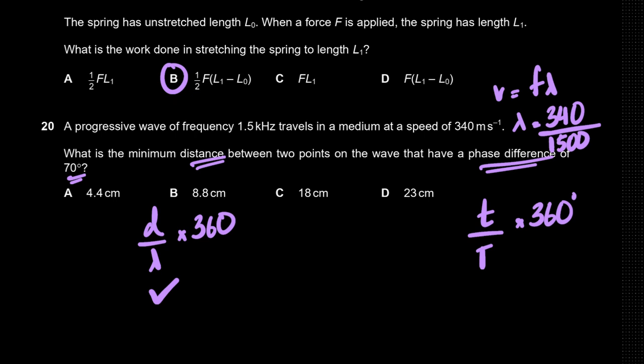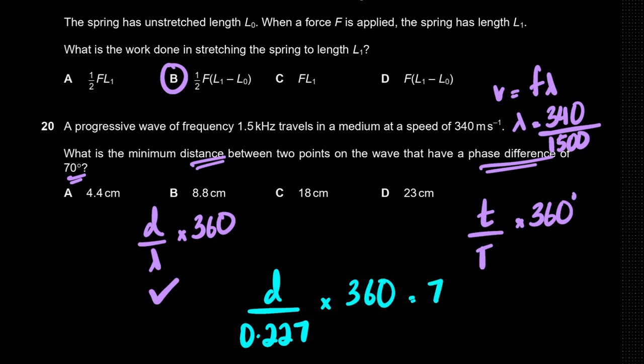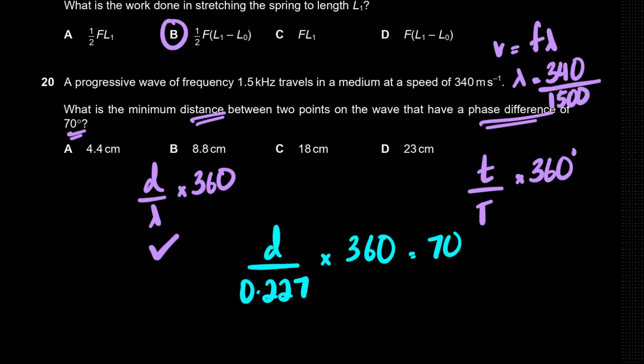Then using this equation, the distance apart over the wavelength, 0.227, times 360 equals 70 degrees. So you just rearrange. This would become 70 times 0.227 divided by 360. So this turns out to be 0.044 meters, which corresponds to 4.4 centimeters.